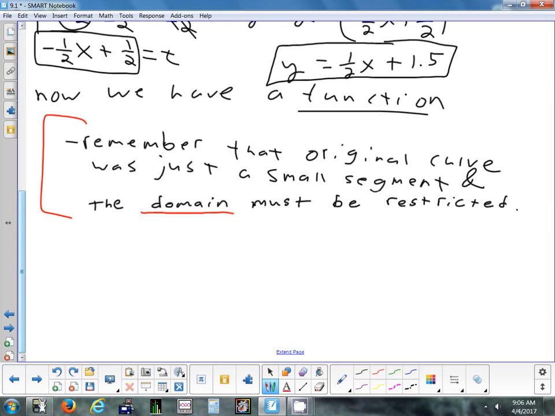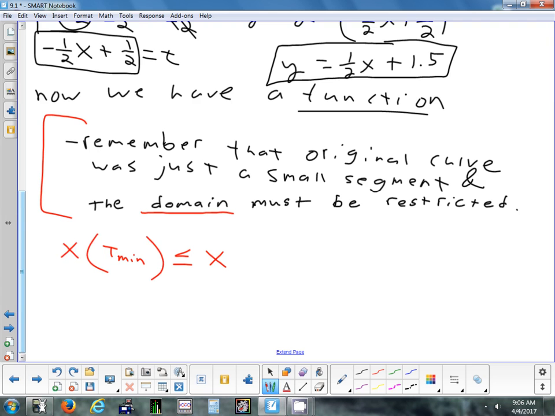So when you write the domain, you don't need the y value. All you need is the x value. And in general, it would look something like this. You take t min and plug that into the x function.